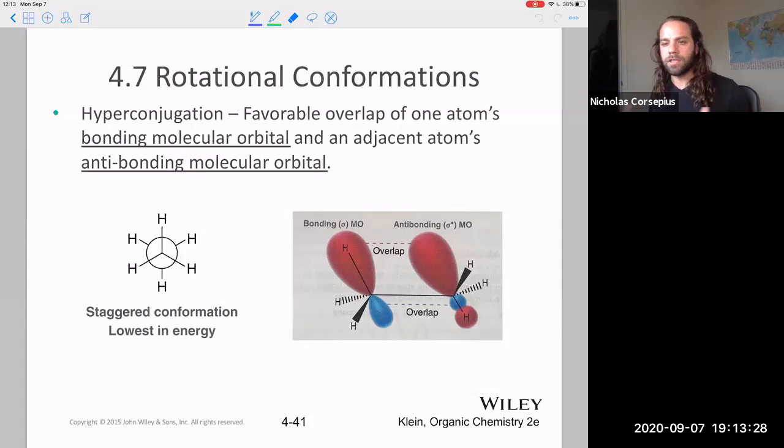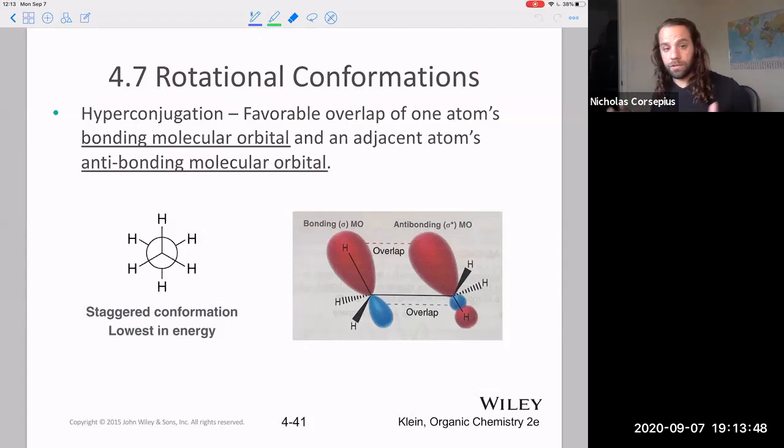But to explain just how much more stable it was for something like hydrogen was a little confusing until quantum mechanics came around. We talked about this before, when we talked about bonding. Two bonding atomic orbitals will come together and make two new molecular orbitals. One of those will be bonding and one of those will be anti-bonding.